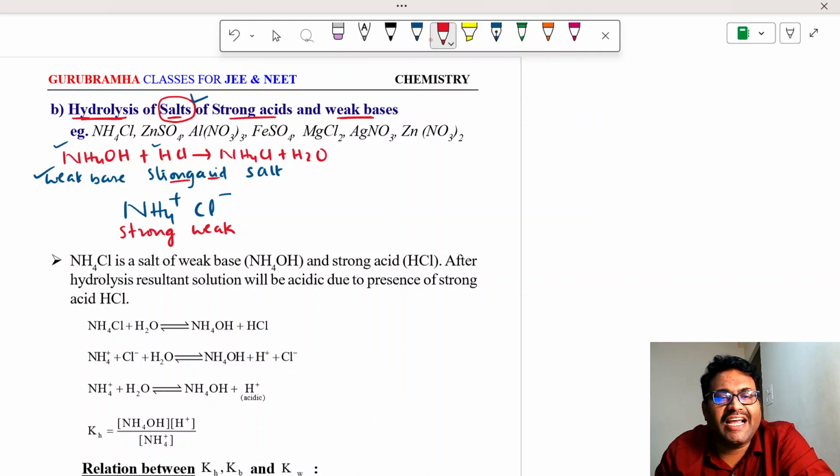Now among this cation and anion, one part is strong. What part is strong? The cation part is strong. NH4+ is strong. Why is it strong? It is from a weak base.